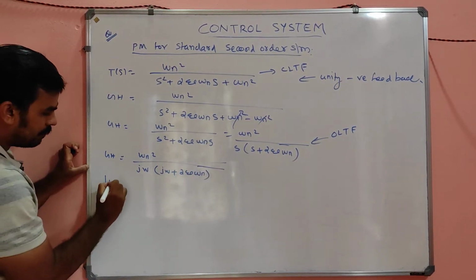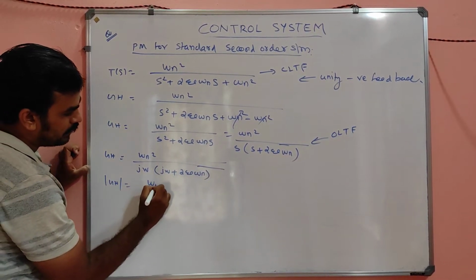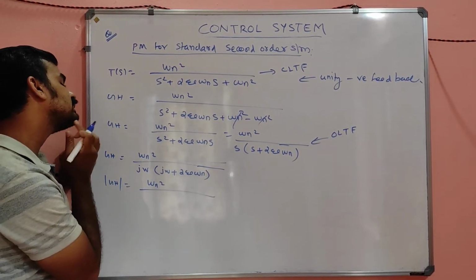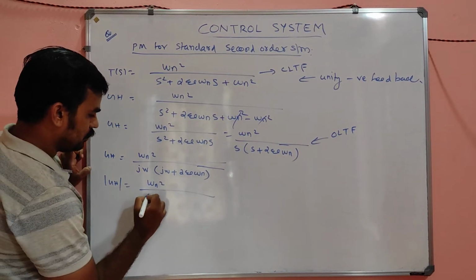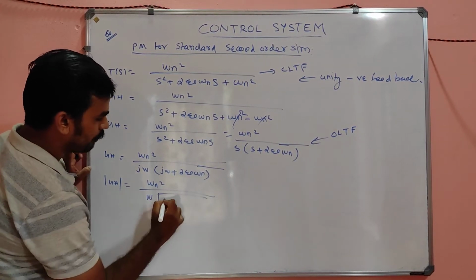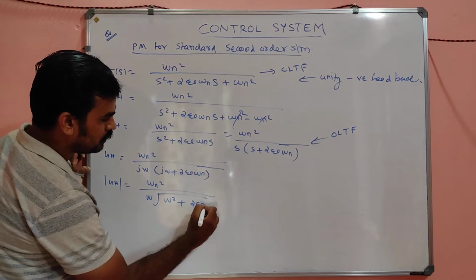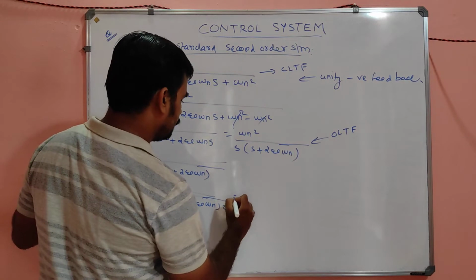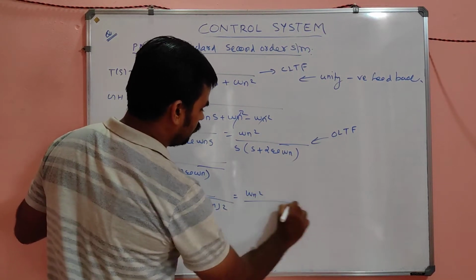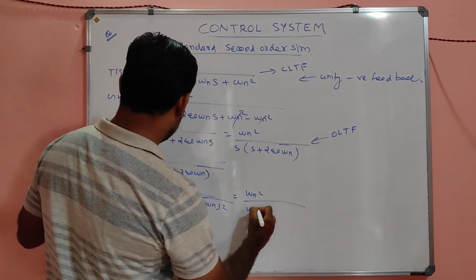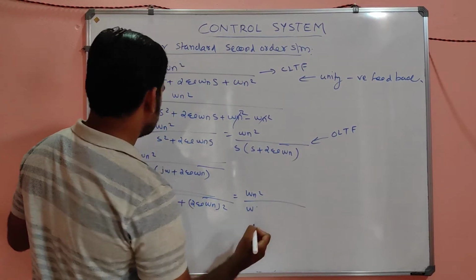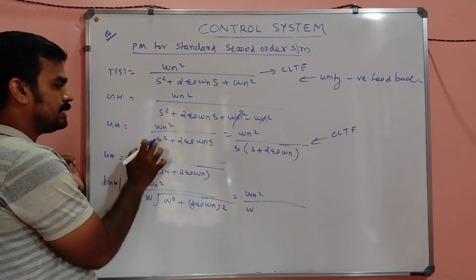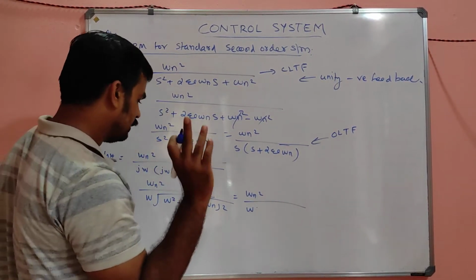And what is the magnitude, my dear? Omega n square whole divided by omega into root of omega square plus 4 zeta square omega n square. Here omega n is the natural frequency and s is equal to j omega, don't confuse.